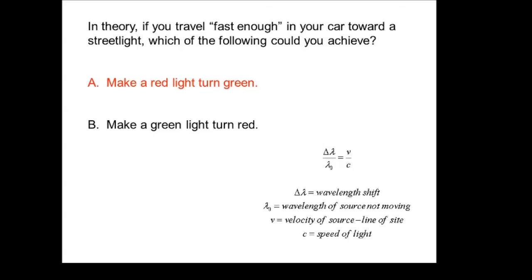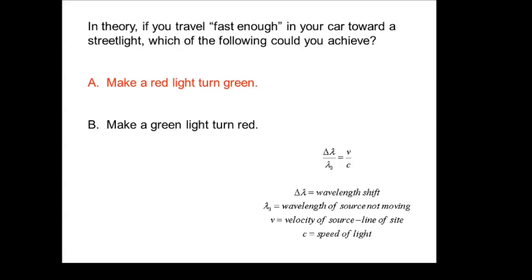Green light is approximately 550 nanometers. So the red wavelength is what it is if you're not moving, and somehow you move so fast that you blue shifted the light, and now it becomes 550 nanometers. Well, let's put it through the equation and see what we get.